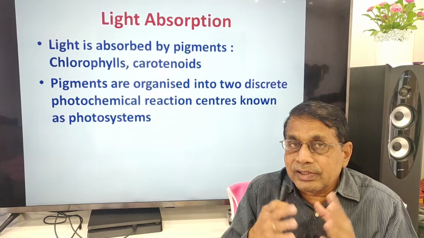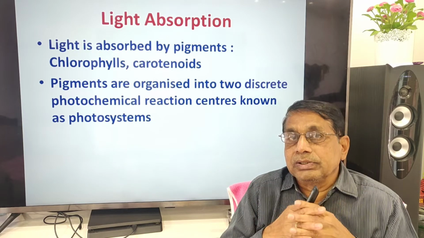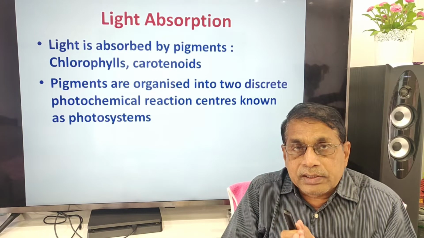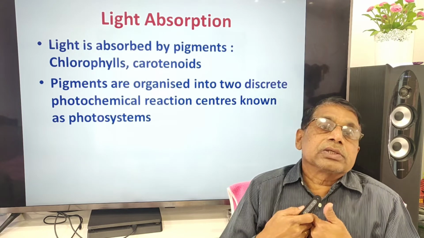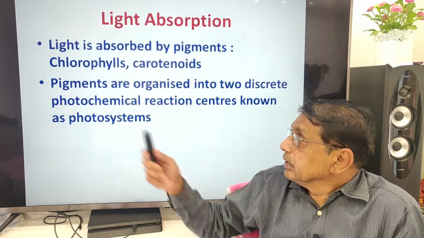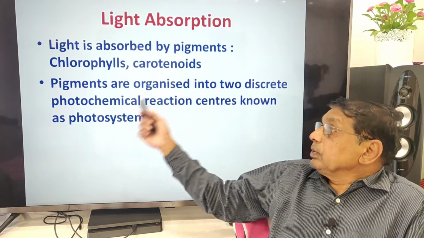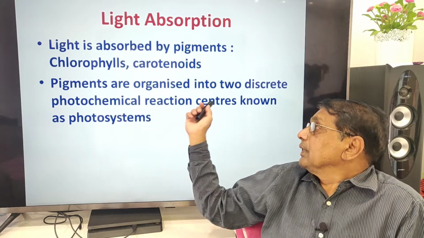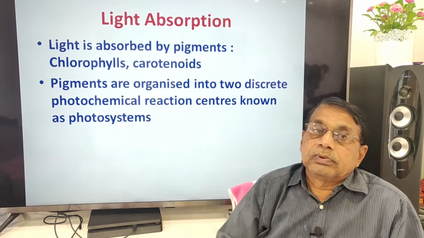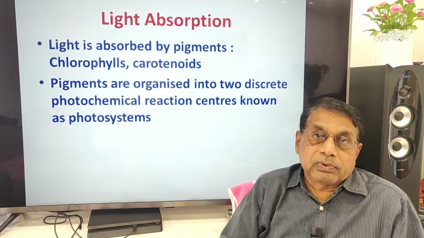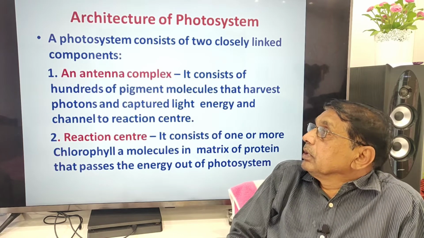They are well organized to trap the energy, to absorb the light, to channelize the energy so that light energy is converted to chemical energy. They are organized into discrete photochemical reaction centers known as photosystems. Two types of photosystem, photosystem 1 and photosystem 2.